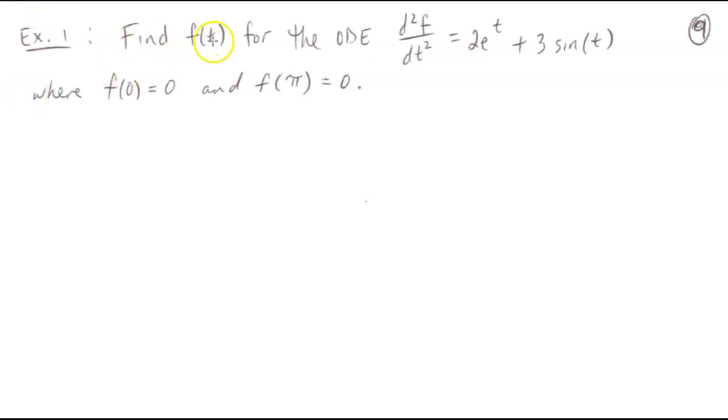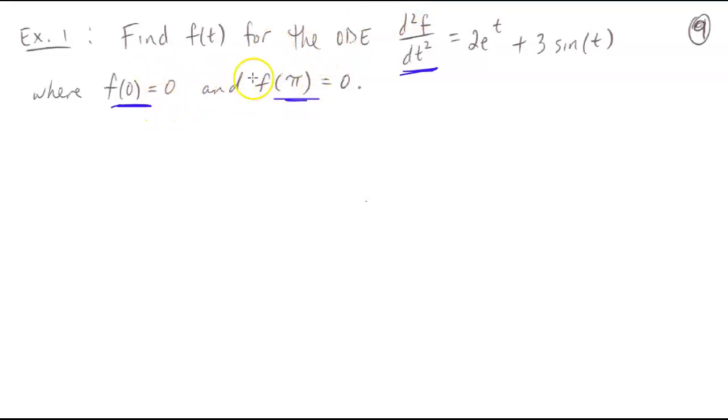So we want to find out what f of t is for this particular differential equation, and we see that it is of second order because the highest derivative is the second derivative. And notice that we have 2 initial conditions, okay? Second order differential equation means 2 initial conditions.